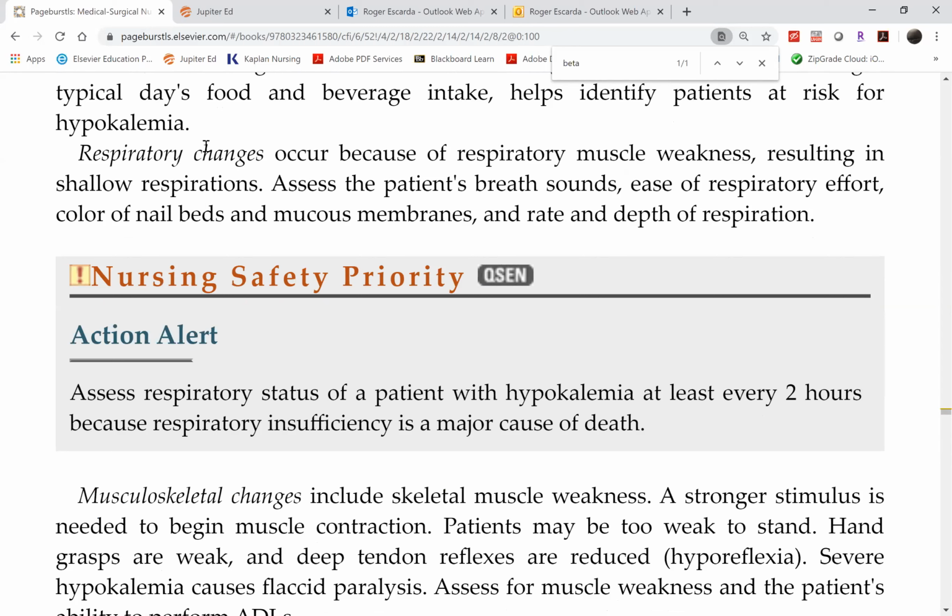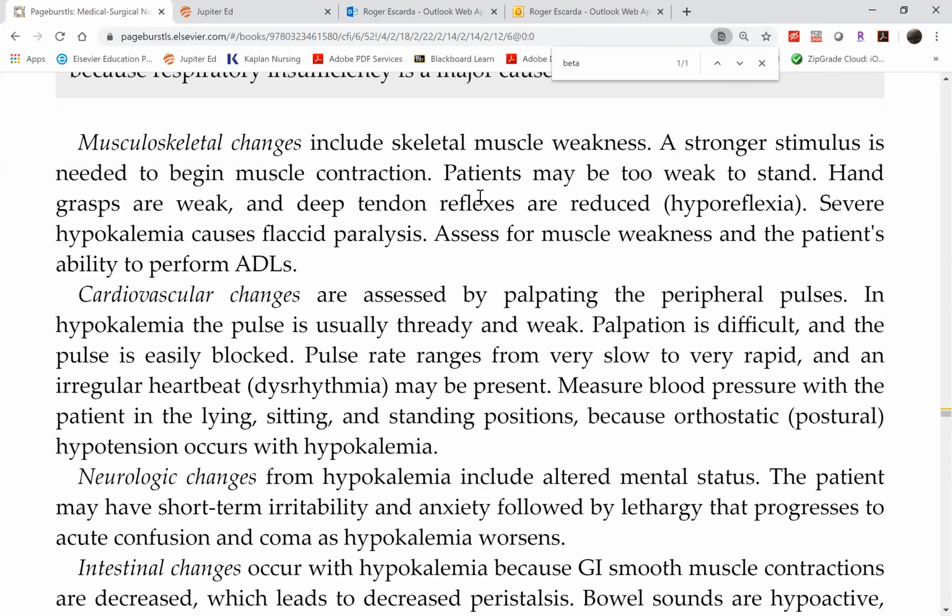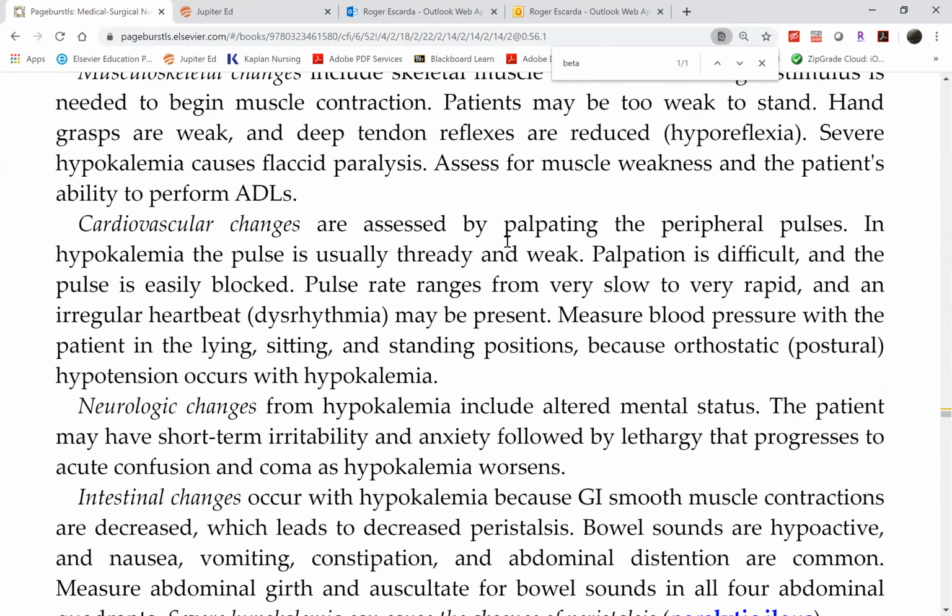Particularly in respiratory changes related to hypokalemia, there is weakness, so you may see respiratory depression here. Another is musculoskeletal, as I already mentioned, they have weakness. Every post-op patient, if you see weakness, they refuse to get out of bed, saying they're so tired, consider the potassium levels. Check it, and it could be the one preventing them from ambulating.